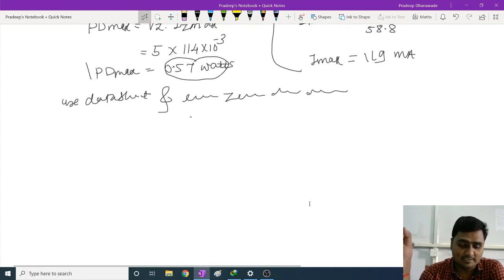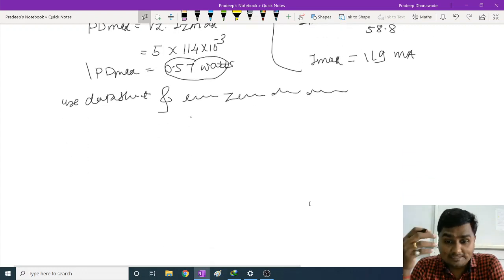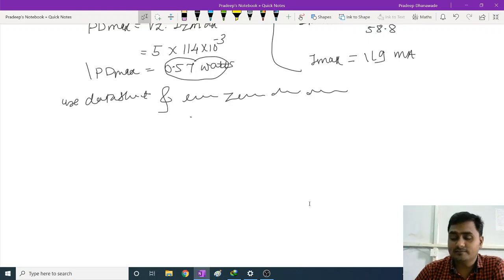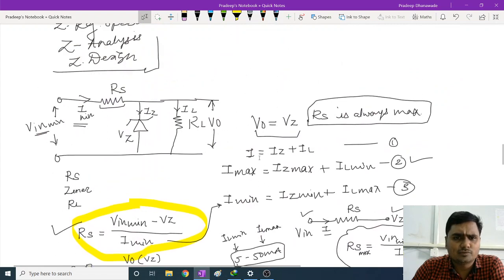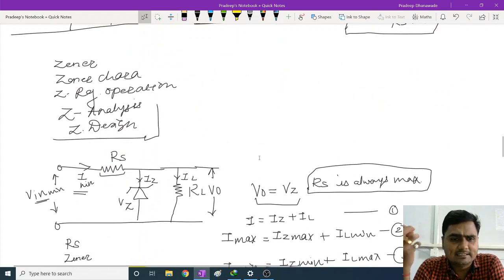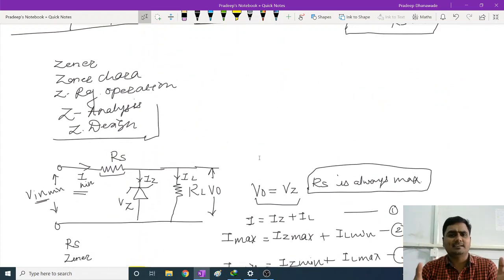That must be the concluding line. So this is the actual design process for a Zener shunt regulator. I'm not going to solve another problem for the Zener shunt regulator because it has only 3 components and 3-4 equations. The design process is so simple.